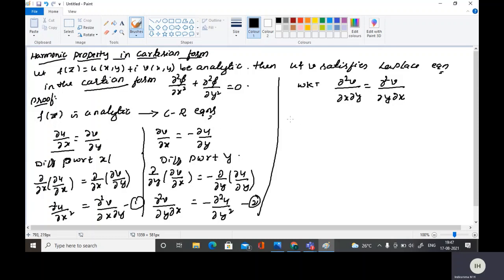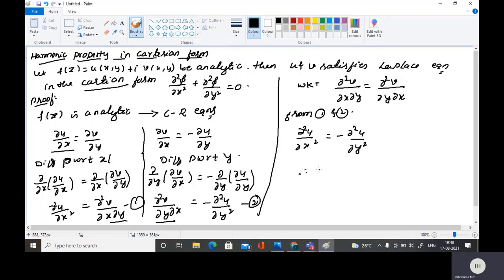Therefore, equations 1 and 2: the RHS of equation 1 is the same as the LHS of equation 2, so we can equate the LHS of equation 1 with the RHS of equation 2. From 1 and 2 we can write ∂²u/∂x² is equal to minus ∂²u/∂y².